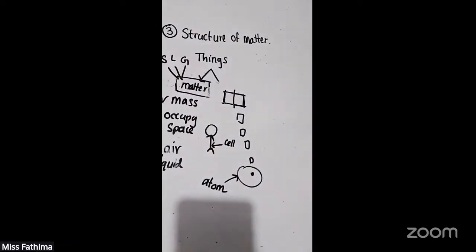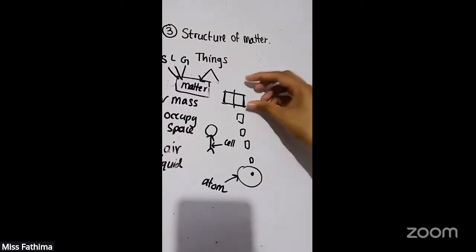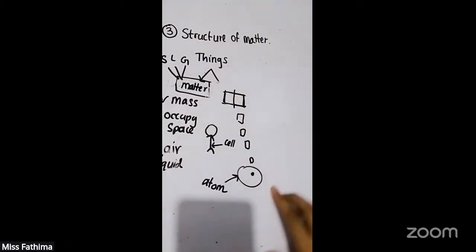So cells are the simplest unit of an organism. Similarly, when you take matter, the simplest unit of matter is an atom. The smallest unit that you can't divide further, or in other terms, the building unit of matter, is also an atom. You can say it that way as well, no problem. So that is the understanding of an atom. What is an atom?